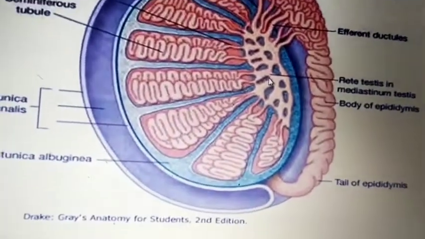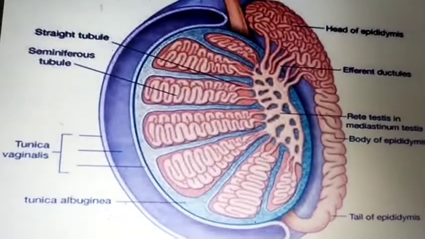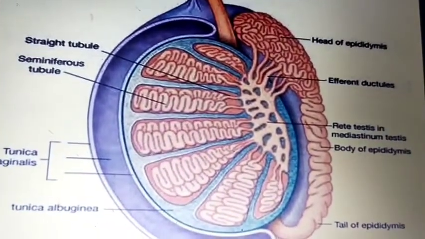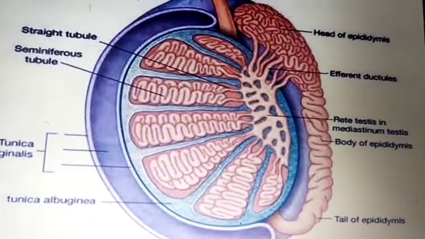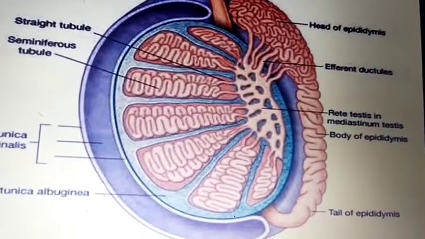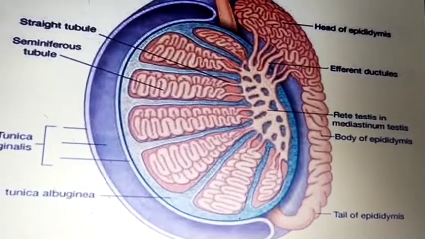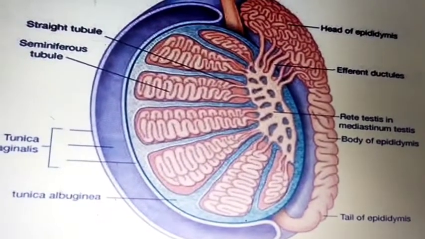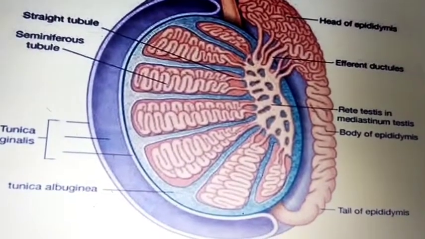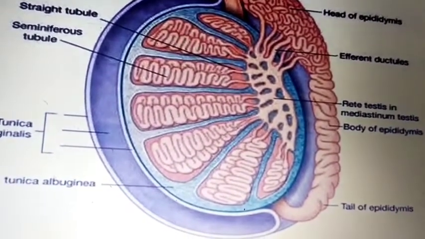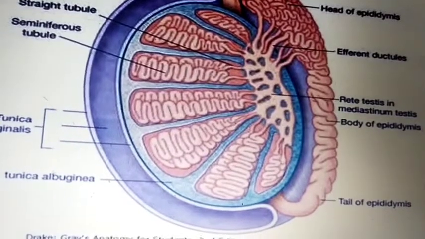Here we also have a mediastinum, but in the thorax also there is a mediastinum. Mediastinum in general means a gap between two structures, and that gap allows some vessels or important structures to pass.